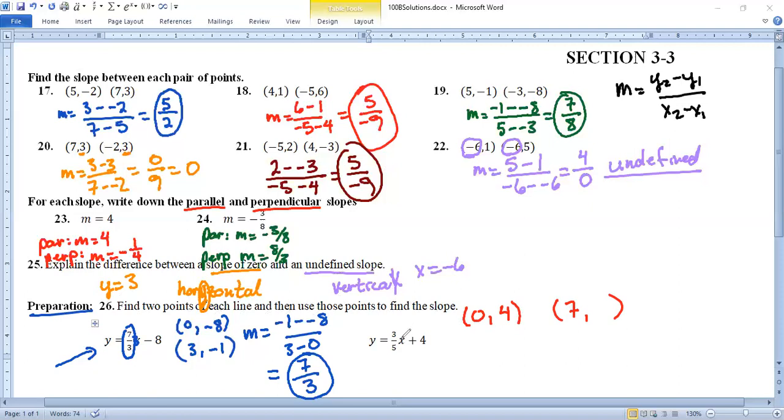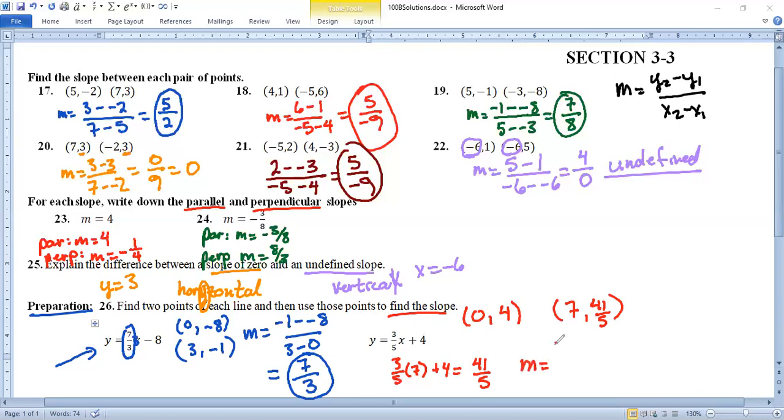You could have picked a 5, which would have been a nice, sweet number to get rid of the fraction, but we're going to do this one just because we can. 3/5 times 7 plus 4 is 21/5 plus 20/5 is 41/5, like 8.2, 41/5. Now we're told to find the slope between these 2 points. And we picked it and we got fractions and it's ugly, but math is true.